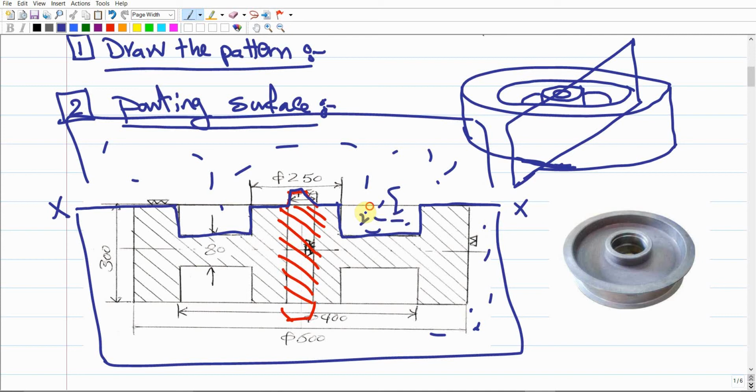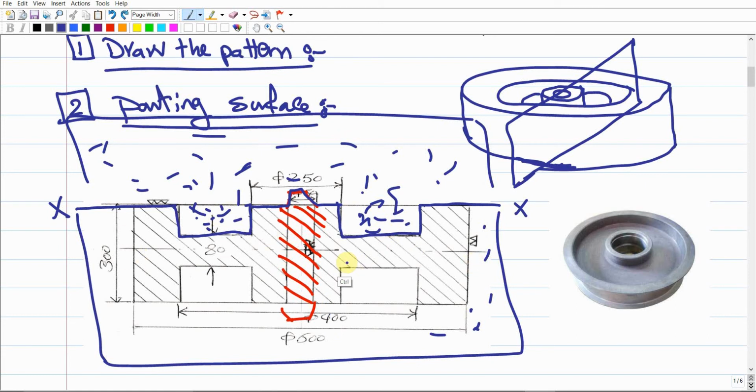So there should be some sand filled into this space. Then if you try to remove the pattern, because now you are removing from the top part, it will be removed without breaking the sand. Then if we apply or add the cope to the drag together, we're gonna end up with a mold cavity in the middle here.